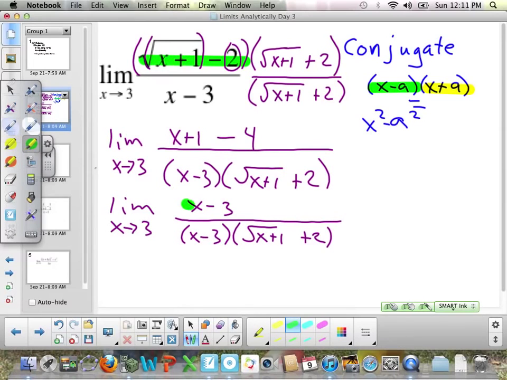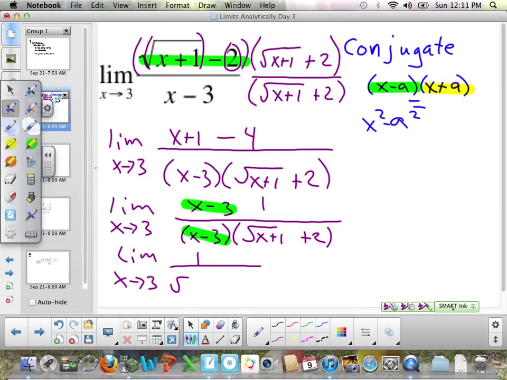Examining this, we got x minus 3 on the top and the bottom, so they cancel. Left with 1 up top. The limit, as x approaches 3, of 1 over the square root of x plus 1 plus 2. That leaves us with 1 over, substitute 3 in, 1 over 4.